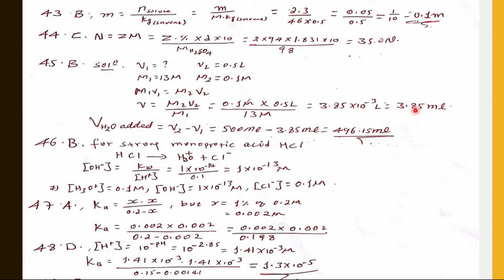According to the law of dilution, M1 V1 is equal to M2 V2. So V1 is equal to M2 V2 over M1, 0.1 times 0.5 over 13 molar, which is equal to 3.85 milliliter. So volume of water added is equal to V2 minus V1, that is 500 milliliter minus 3.85 milliliter, which is equal to 496.15 milliliter.